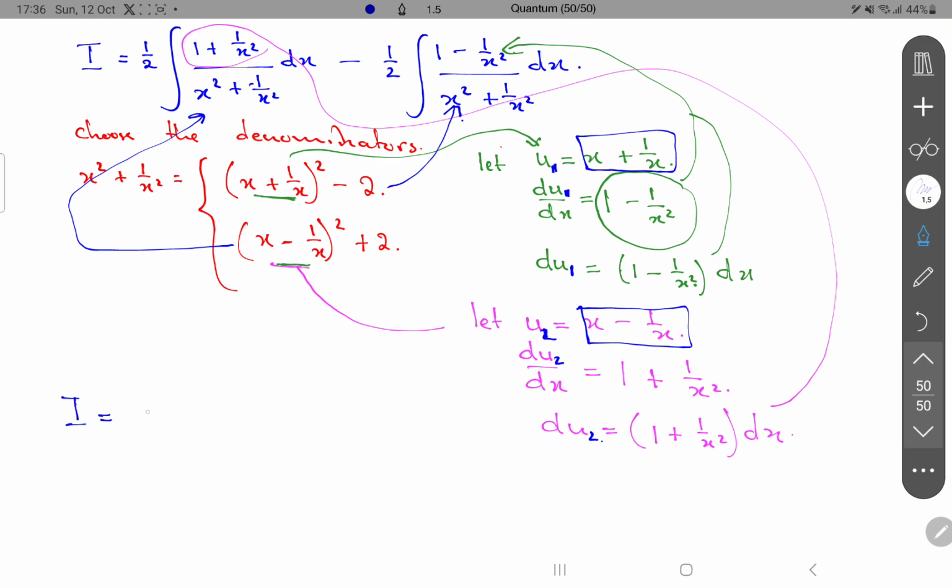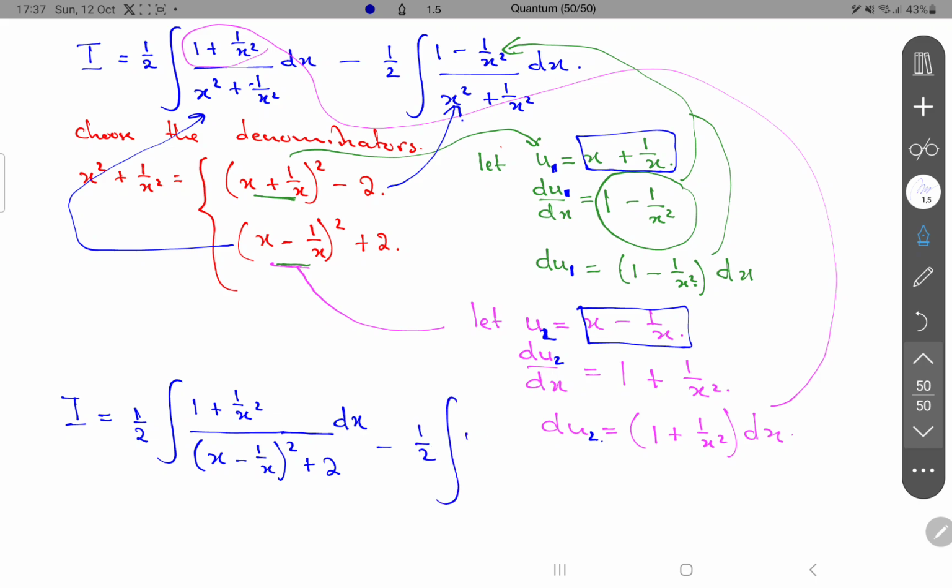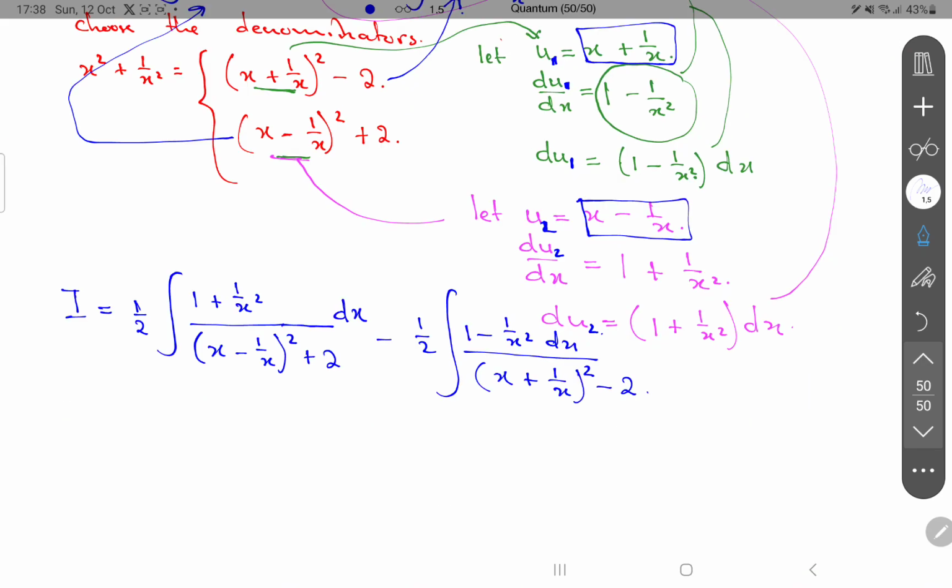I is equal to a half the integral of 1 plus 1 over x squared all over the bracket x minus 1 over x, all squared, plus 2, dx, minus a half the integral of 1 minus 1 over x squared dx all over, now I have to put the other one, x plus 1 over x, all squared, minus 2. Yes, then it makes sense.